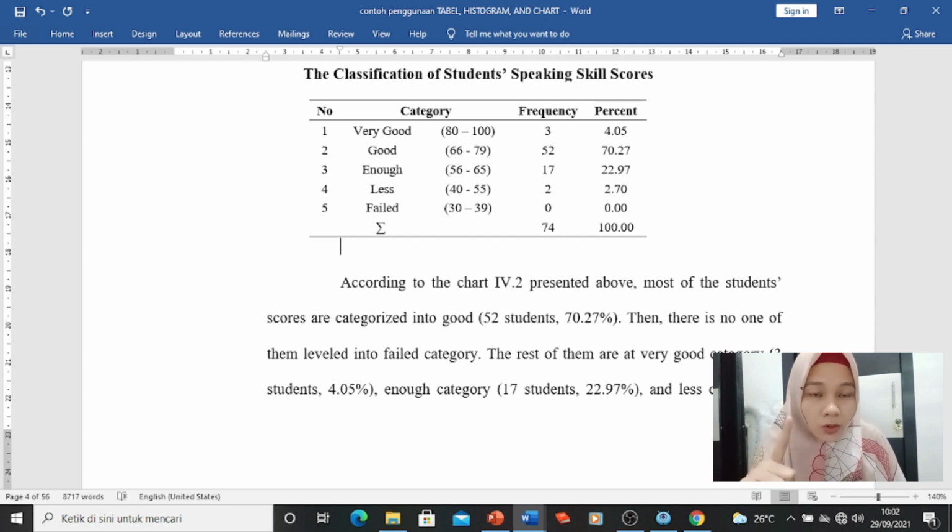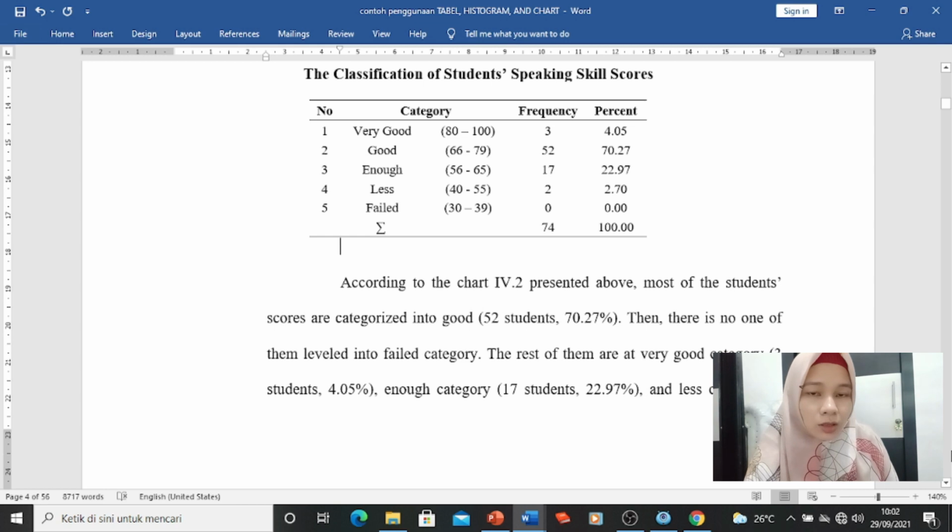The first is category, the second is frequency, and the last is percentage. Even though this is short, there are only five rows of data, numbered 1 until 5.